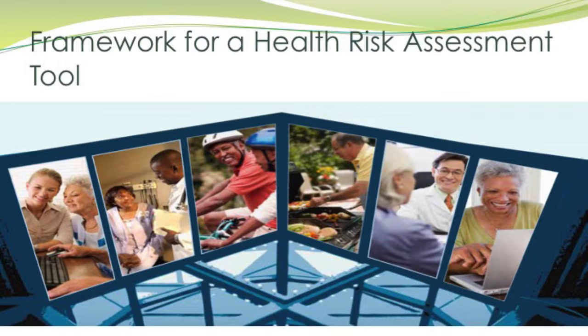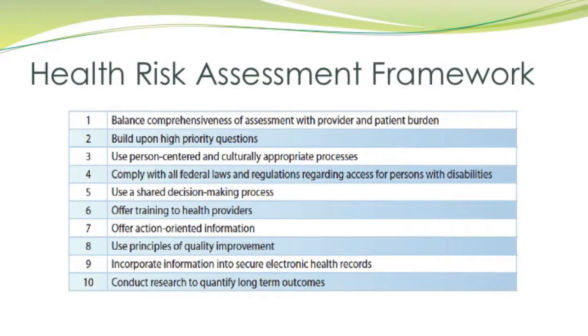To figure out what needs to be done from the prevention side, what counseling needs to be done, what are all the areas that need to be addressed. And so the CDC, once again, said, okay, if we're going to do a health risk assessment, what needs to happen? It needs to have a balance, it needs to be comprehensive for the most part. You have to focus on really high priority questions. So, do you eat avocados every day? Doesn't cut it, but much more focused on what the overall diet is.